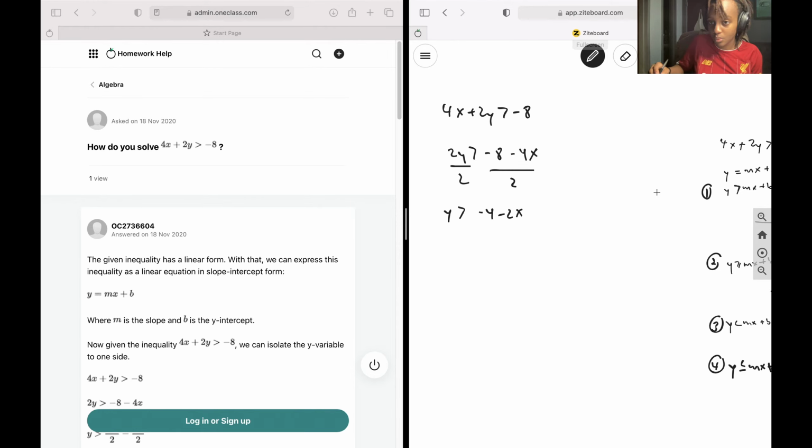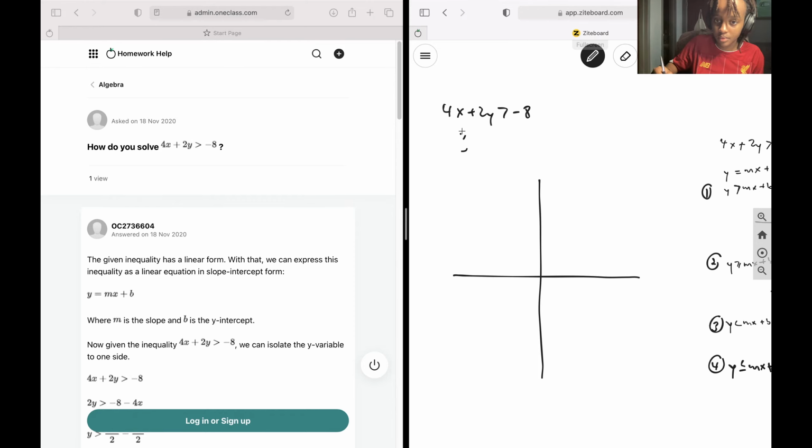And so we now need to draw what that line would look like so we can highlight all points above, or in this case, yeah, above it. Let's just write it up here.